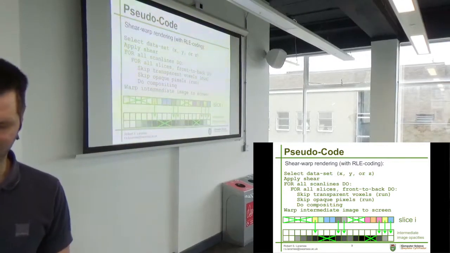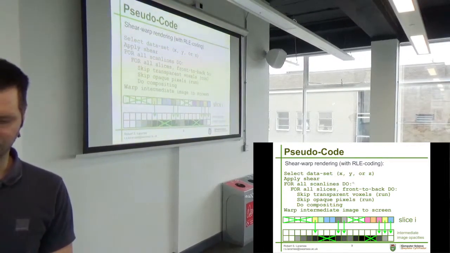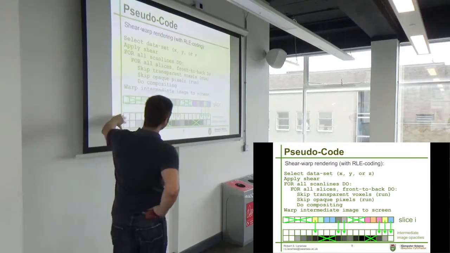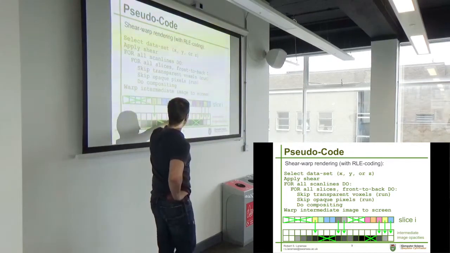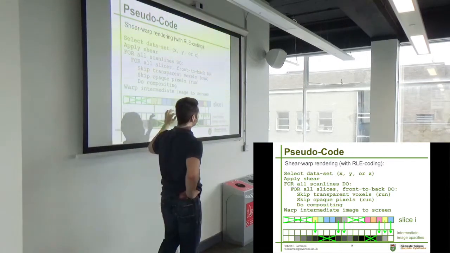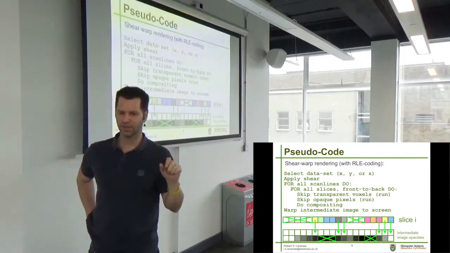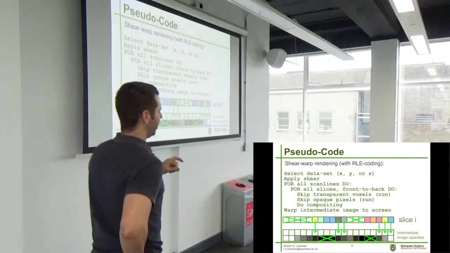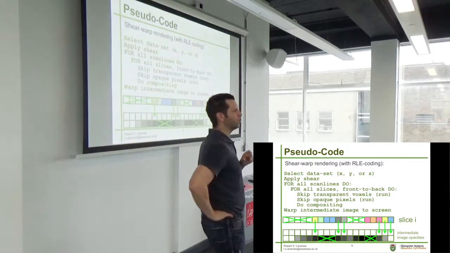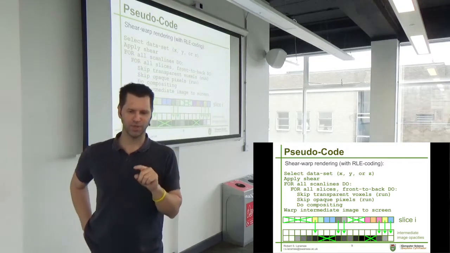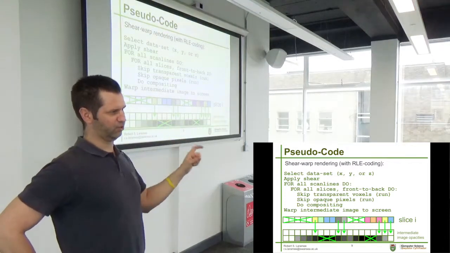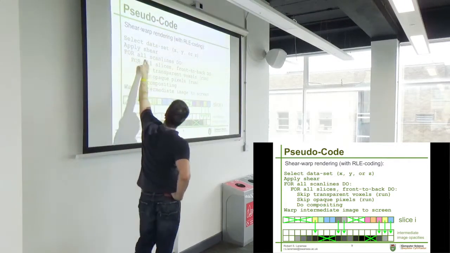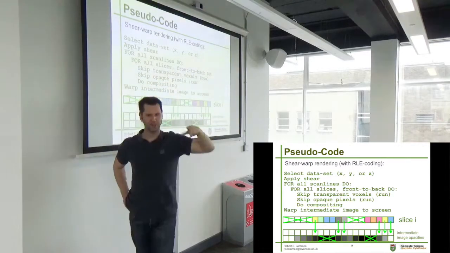For all scan lines, scan lines correspond to a line in the image, a row of pixels. Remember, this is ray casting. Traditional ray casting is an image order algorithm. That means there's a for loop that looks like: for each pixel, do the following. That's the image order part.